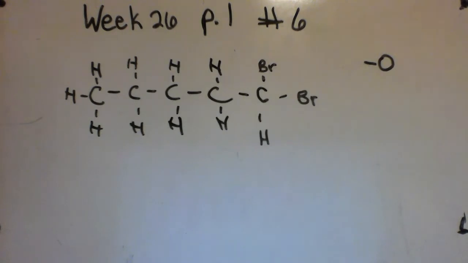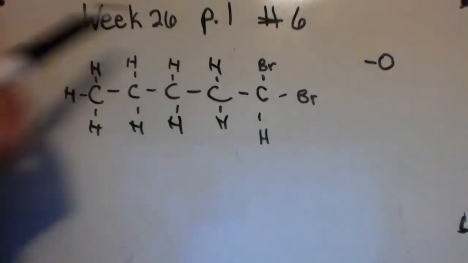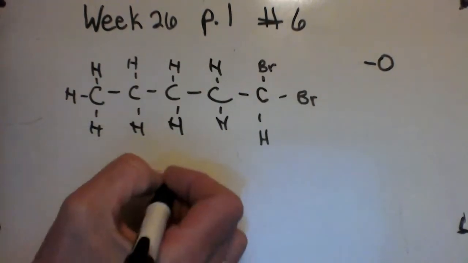So there are 5 carbons in this chain. And if there are 5 carbons, then we use the prefix pent, which is for 5. You should know all the prefixes: meth, eth, prop, but, pent, hex, hept, oct, non, and dec for 1 through 10. So this parent chain is a pentane chain.